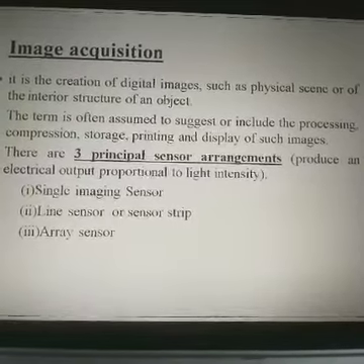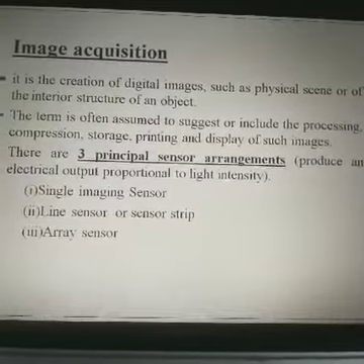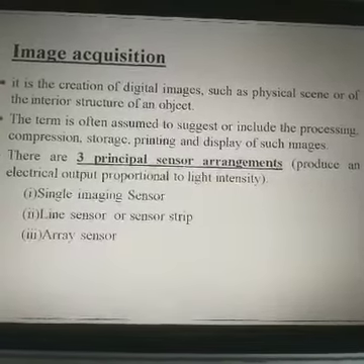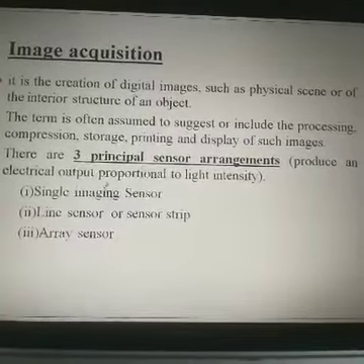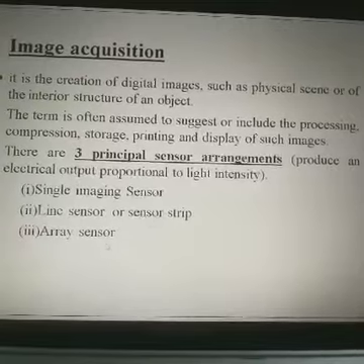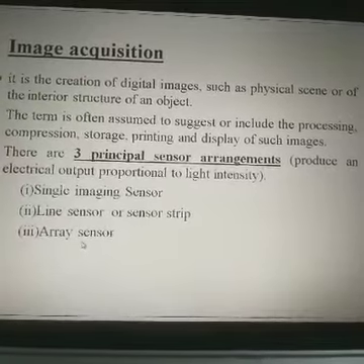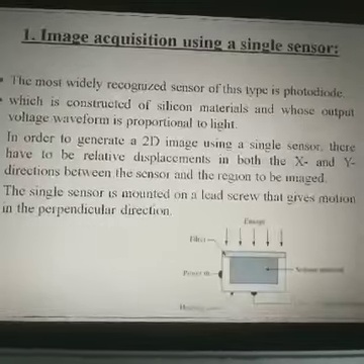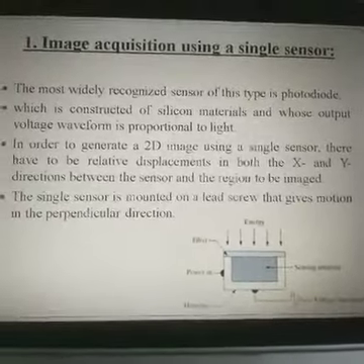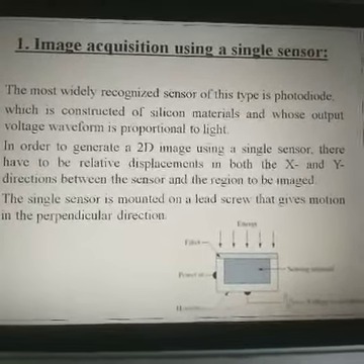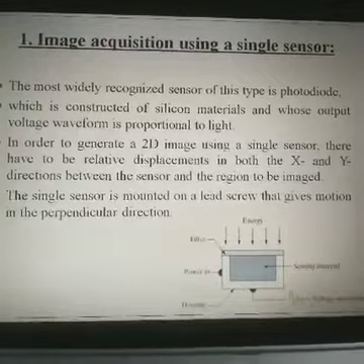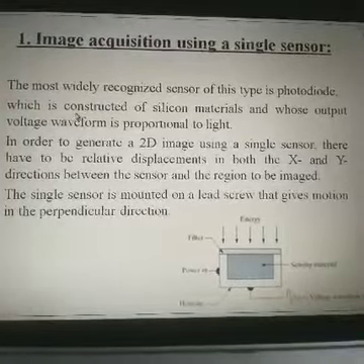The first is image acquisition using a single sensor. The second is acquisition using a line sensor or sensor strip, and the third is acquisition using an array sensor. First we discuss image acquisition using a single sensor, which means only one sensor is used.